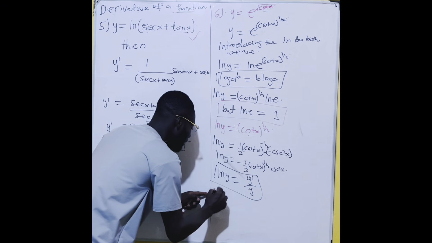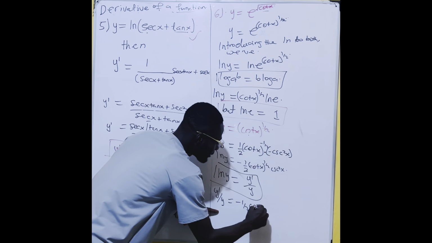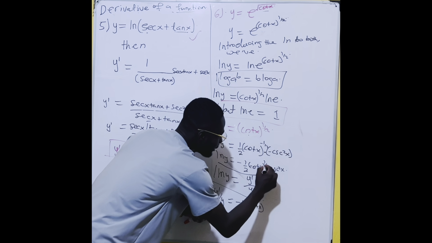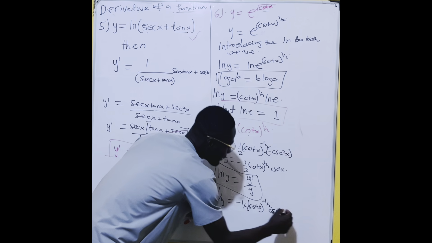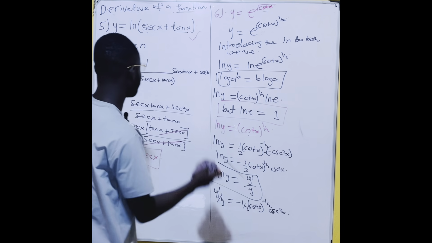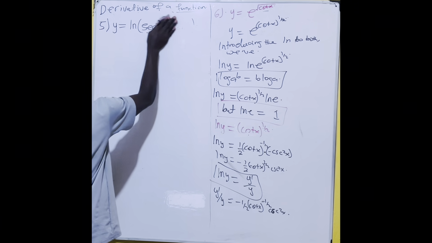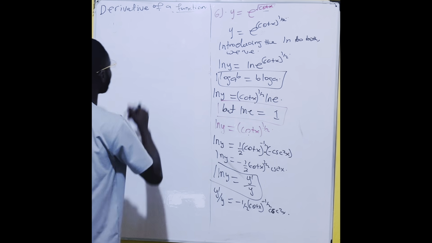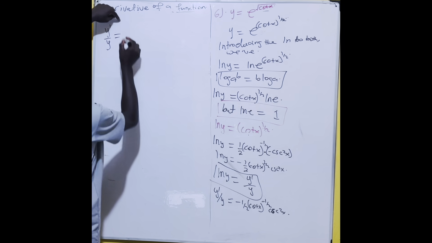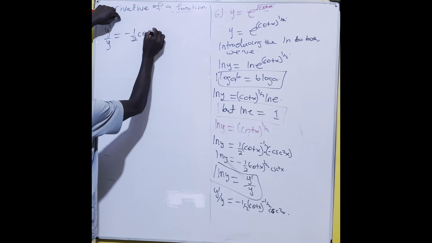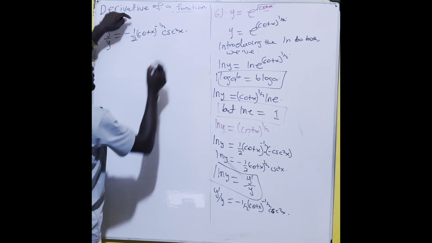So we have y prime divided by y equals negative half cot x exponent negative half cosec squared x.